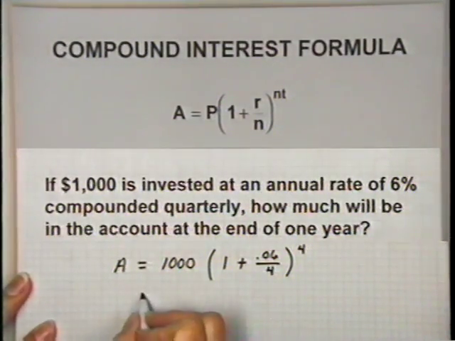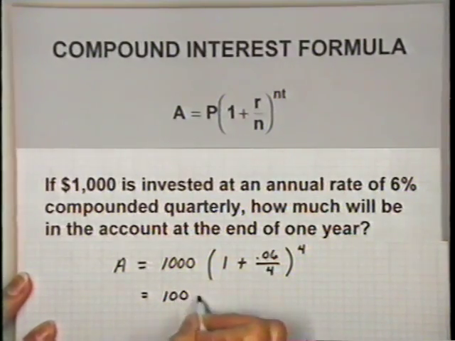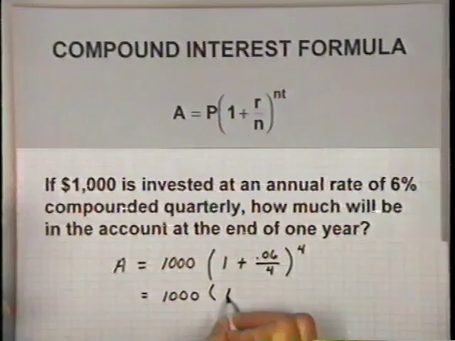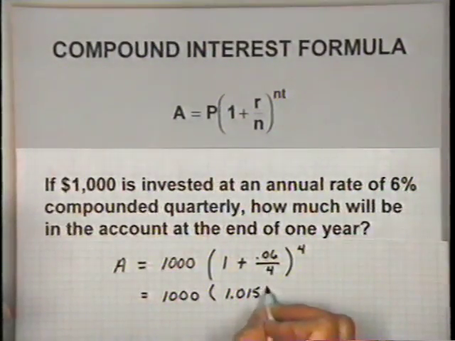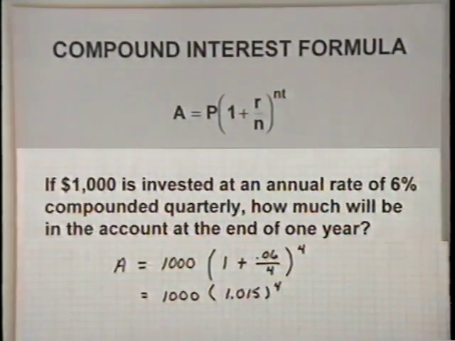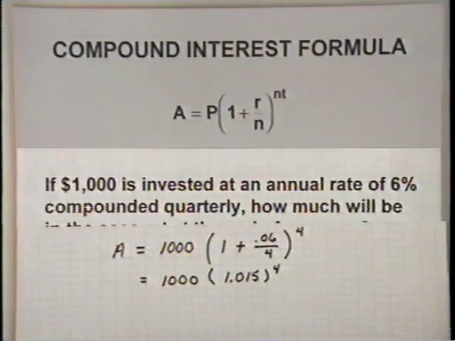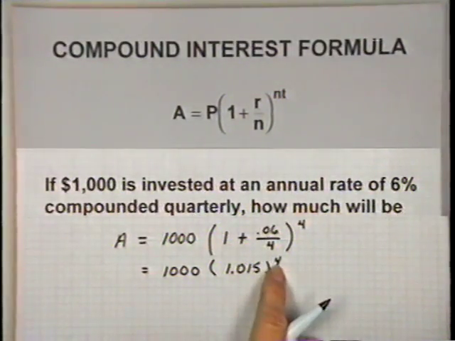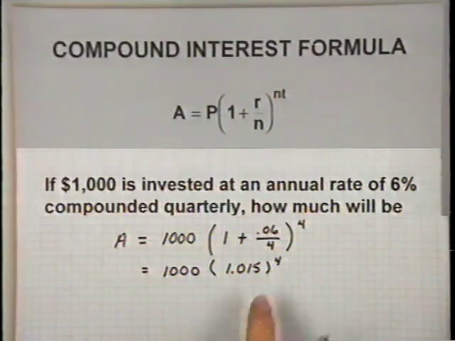Okay? Now, let's do a little bit of simplifying. I'm going to kind of take this a little bit at a time. I'm going to take my calculator and divide 0.06 by 4, and then I'm going to add that 1, and this quantity right here becomes 1.015, and that is raised to the 4th power. Now, with our calculator, remember your x to the y key? We can put in this base and raise it to the 4th power with that x to the y key.